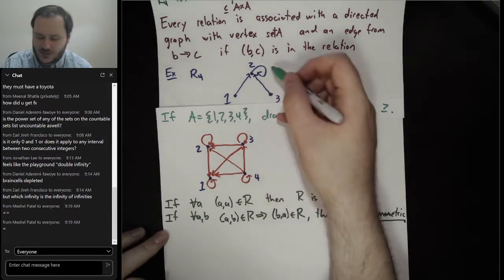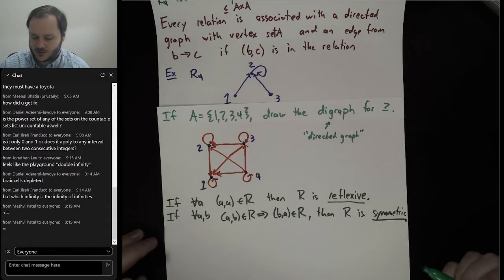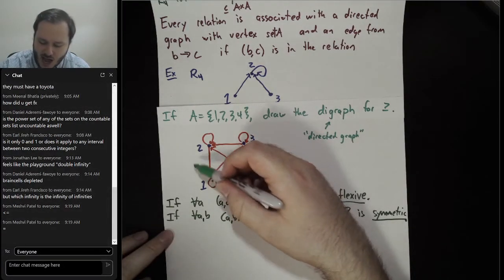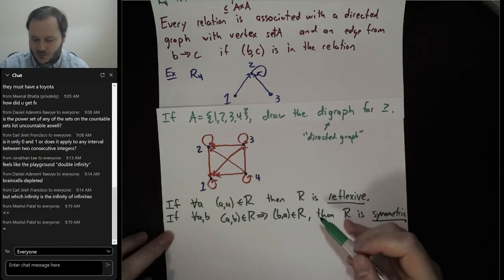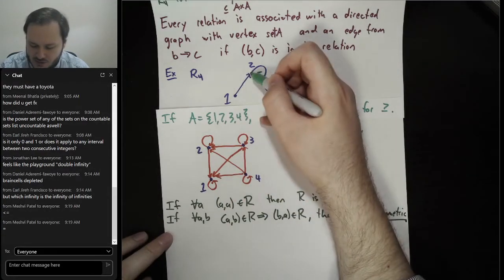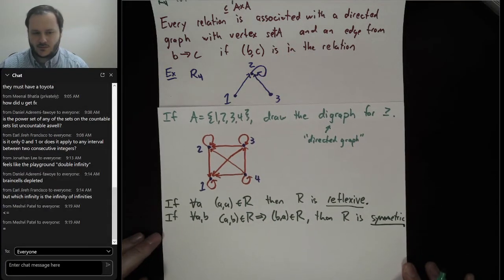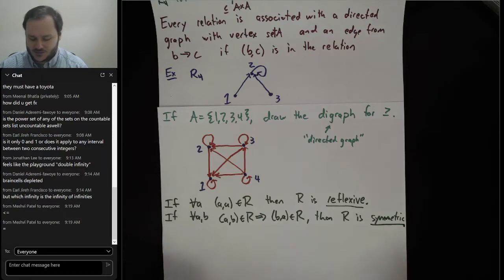So neither of these two examples are symmetric. 2 points to 1, but 1 does not point back to 2. 1 points to 2, but 2 does not point back to 1. Neither of these examples are symmetric.